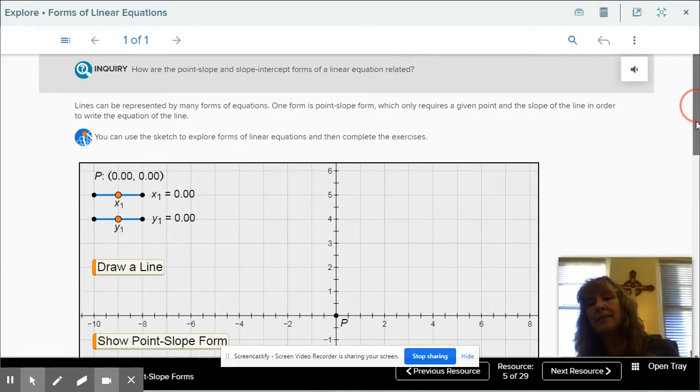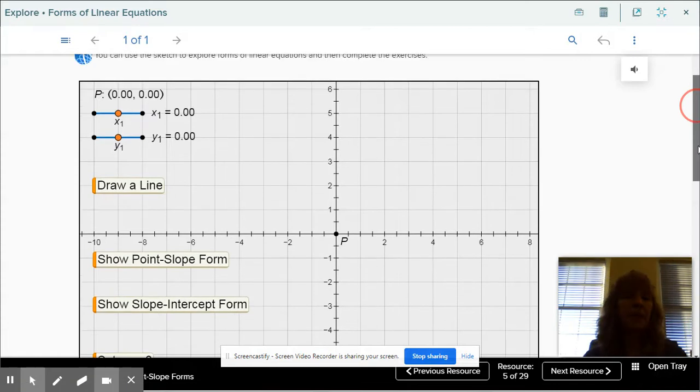In this example, we need to have an x1 and a y1. So let's make your x1 2.33, and let's make your y1 1.78.